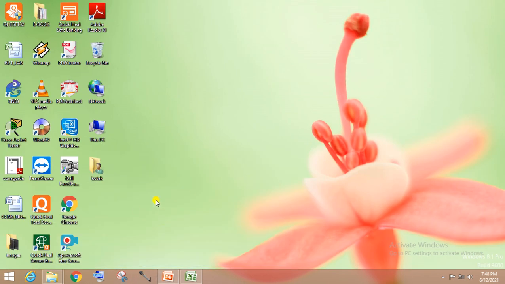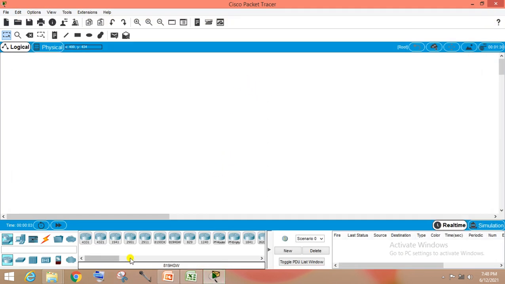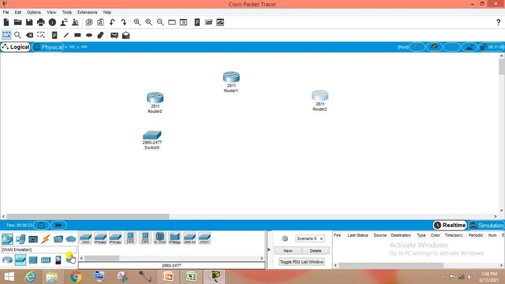We go to our Packet Tracer. Okay, we are taking our routers. Taking switches. One PC for testing.